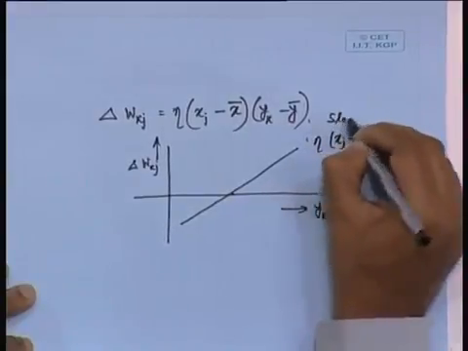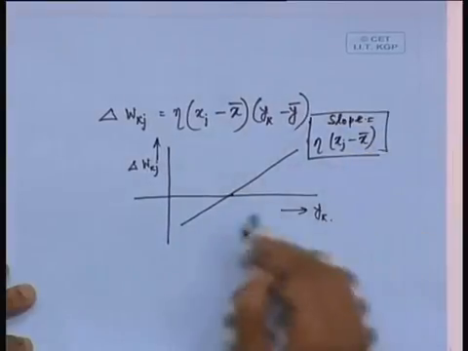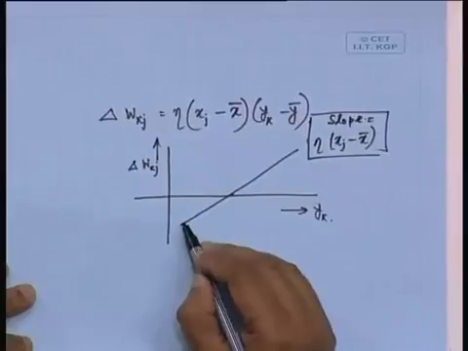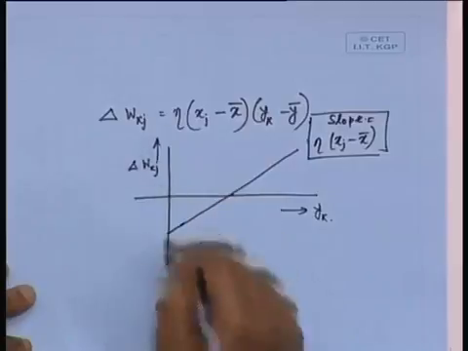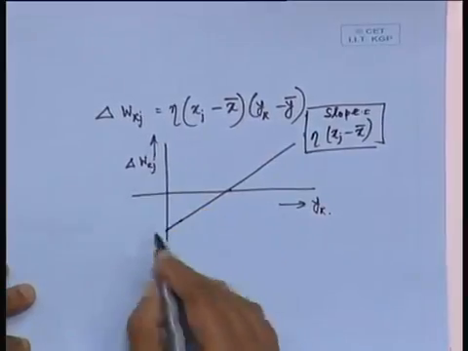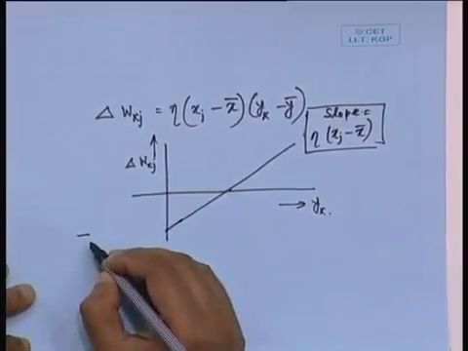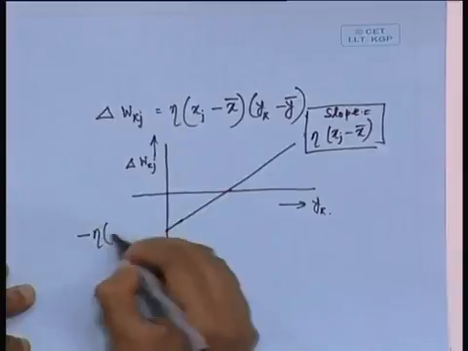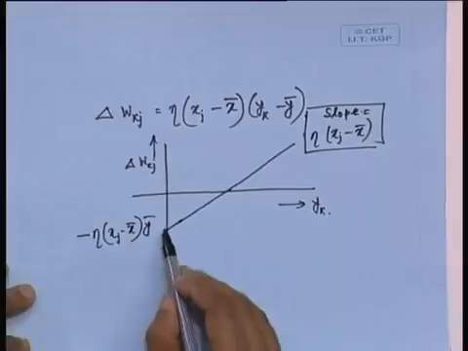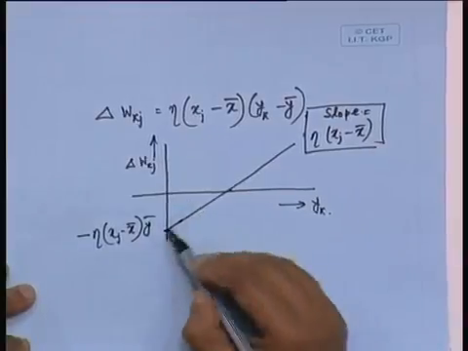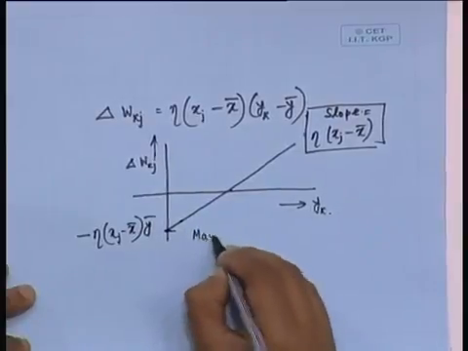So, this is going to be the slope of the straight line that we are going to draw over here, and when you draw this straight line fully, it should intersect the y axis at which point? It is going to intersect it at minus eta (Xj minus X bar) Y bar. That is good, right. So, it is going to intersect over here, and this is going to be our maximum depression point.